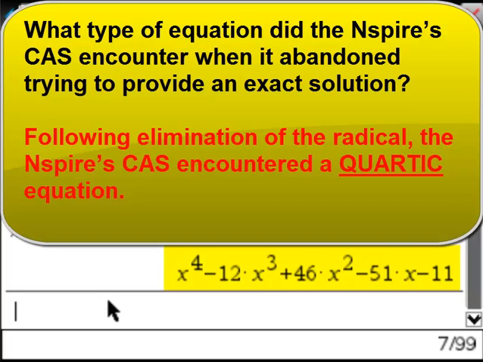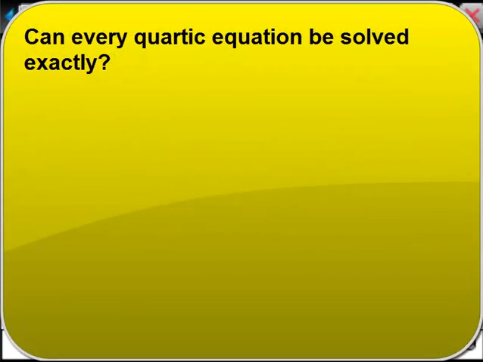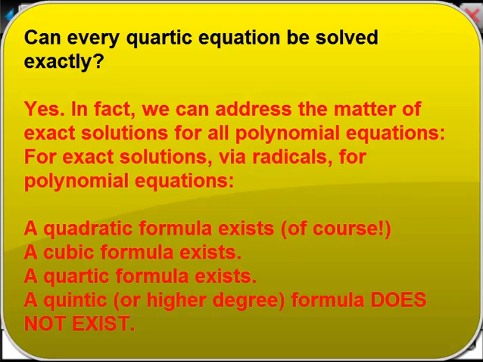Now, we actually happen to know about these. The question is, is there an exact solution to every quartic equation? This is actually a pretty well-known result. We have the result that yes, indeed, there is a quartic formula. Just as we have a quadratic formula that solves any quadratic equation in terms of radicals, there is a cubic formula that solves a general cubic equation.